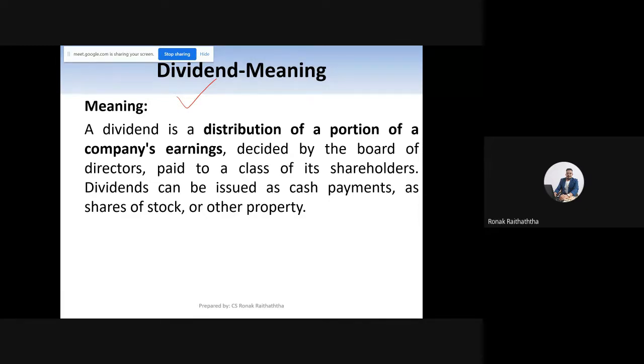It can also be said like it is the distribution of a portion of company's earnings. Company has earned something after making payment to government in terms of taxes, in terms of salaries to employees, in terms of every other expenses to everyone, outsiders as well as insiders.